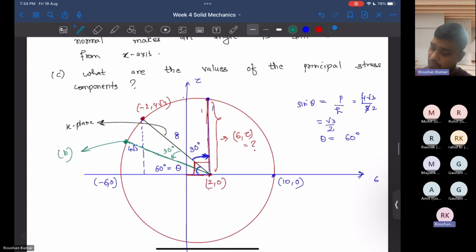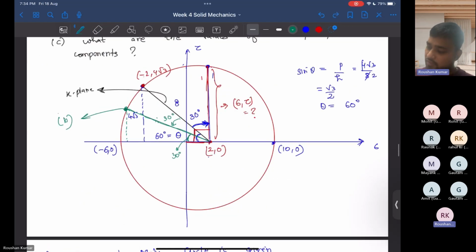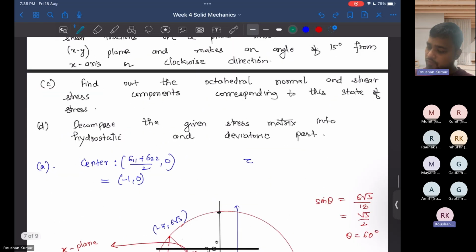So coming to the Mohr circle, what is this point? This is basically an angle of 30 degrees, and this is the radius, that is of 12 units. Sorry, I drew in the wrong figure. So I have to draw in this Mohr circle.